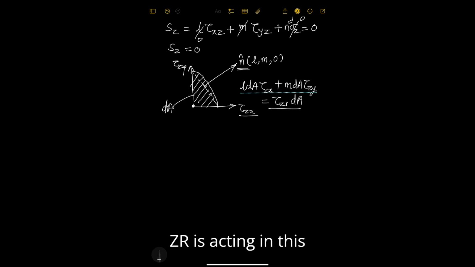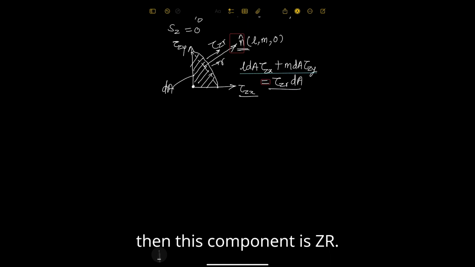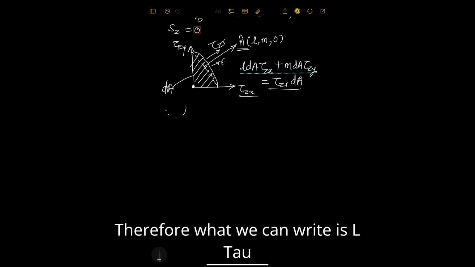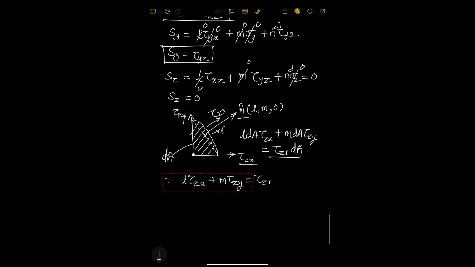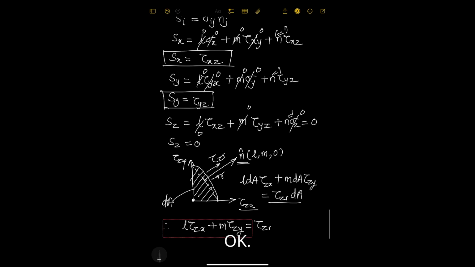Now this tau zr is acting in this direction, and if this is the r direction, then this component is zr. Therefore what we can write is l tau zx plus m tau zy is equal to tau zr.